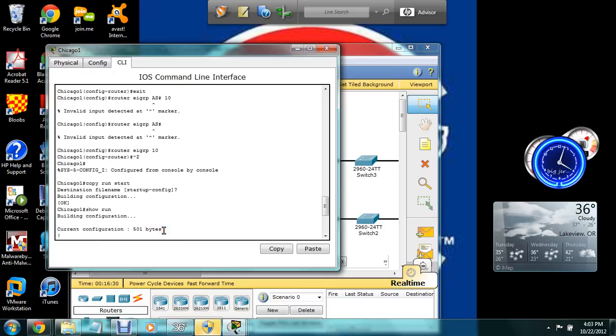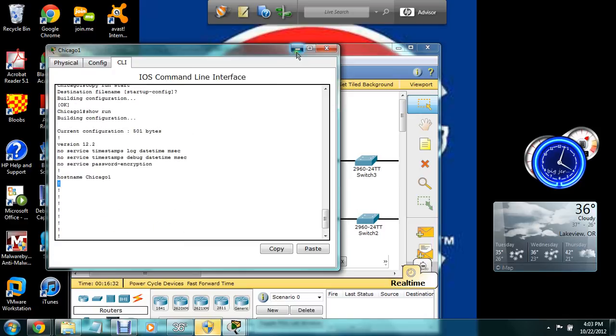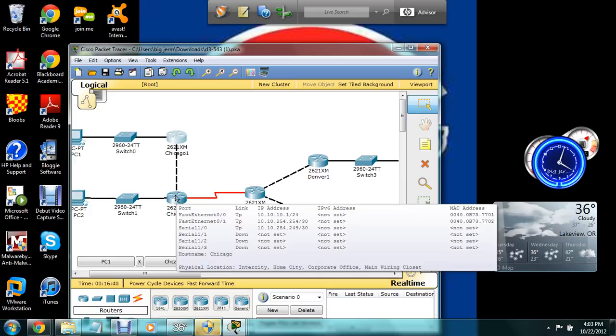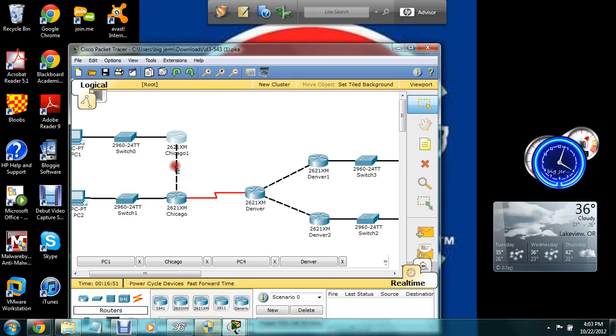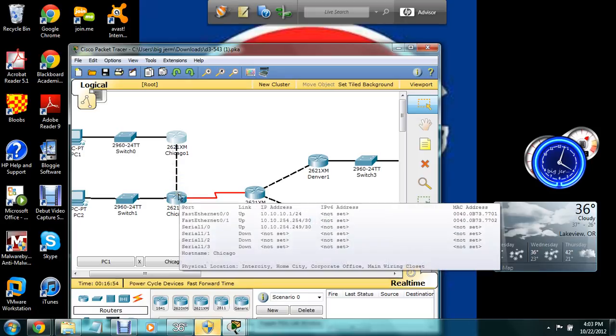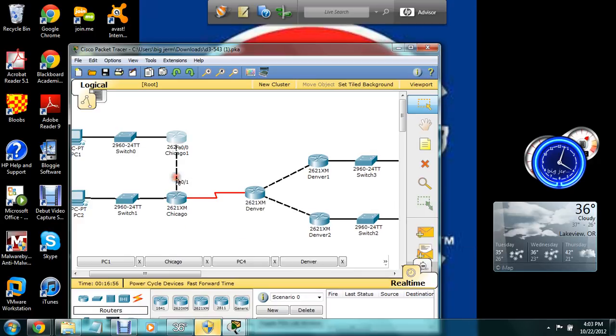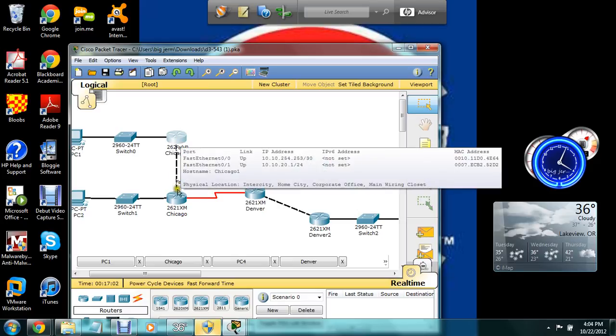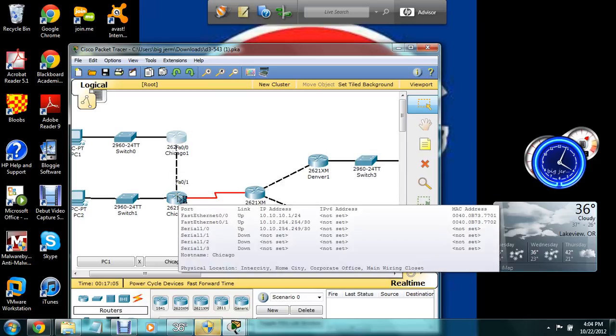we don't have any of our networks advertised, so we're going to advertise Fa0/1. So 0/1 should be 10.10.254.254.